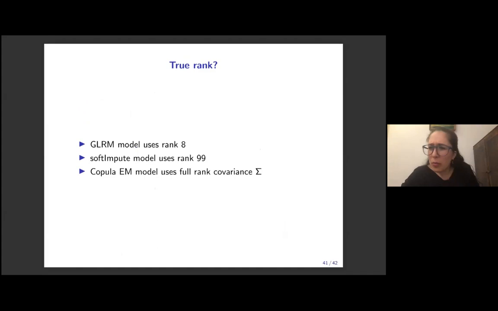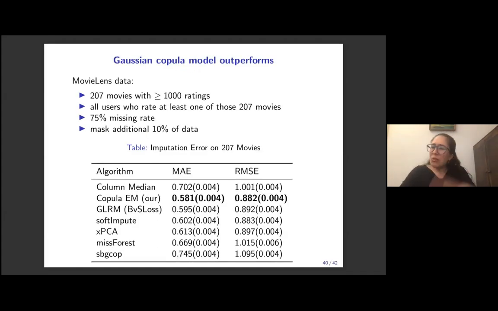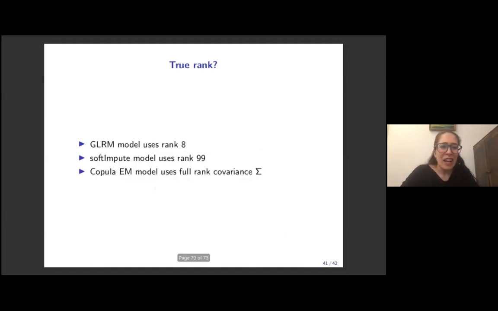One last issue that I want to highlight. Among these models that all perform pretty well on the MovieLens data set, the generalized low-rank model uses rank 8. The soft impute model, which is essentially using quadratic loss, the best rank after cross-validation is rank 99. And the copula EM model is using a full rank covariance matrix. So what is the rank of the data?